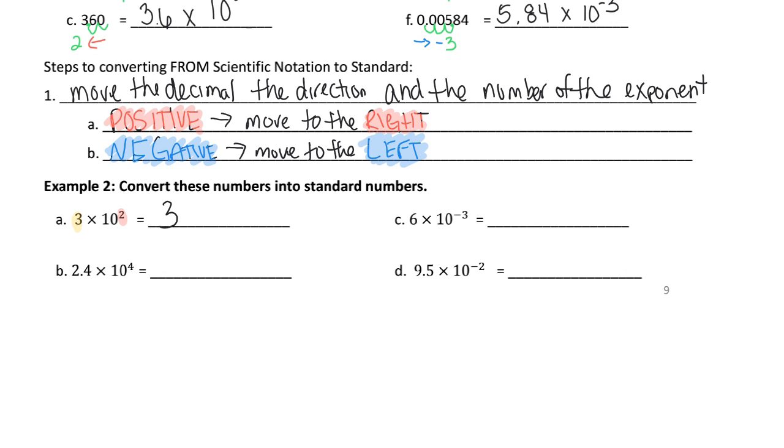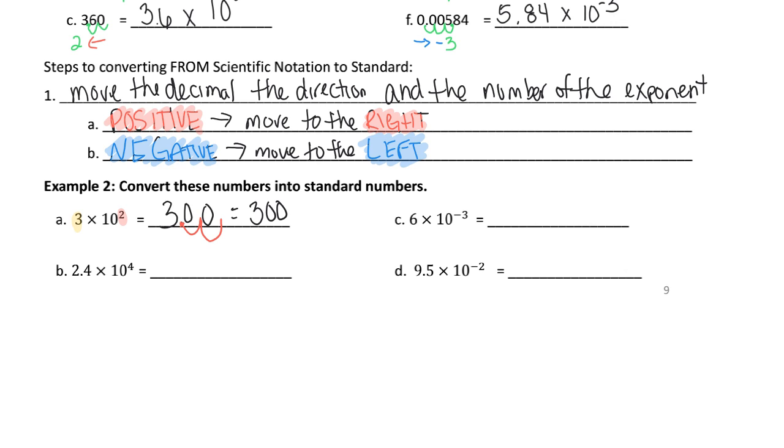So I have my decimal here. I'm going to move it once, twice to the right. Since I have nothing there, that means I put implied zeros there. What this really is, is 300.